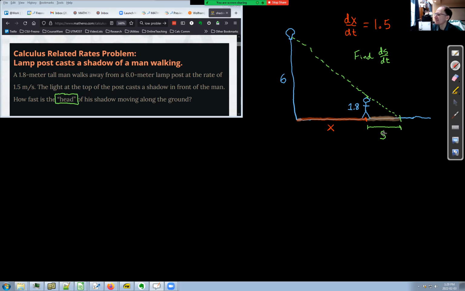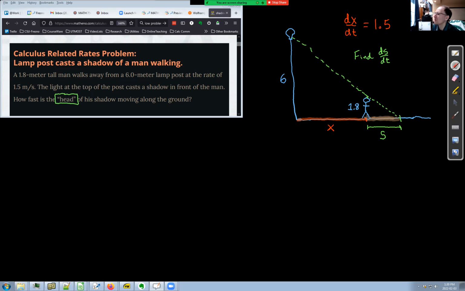Because in my picture, S is the length of the shadow. But the question's not really asking for the rate of change of the length of the shadow. This question is asking for just the rate of change of the head of the shadow. And again, if I were you, I would say, well, aren't they the same thing?